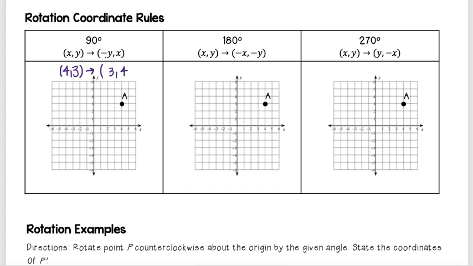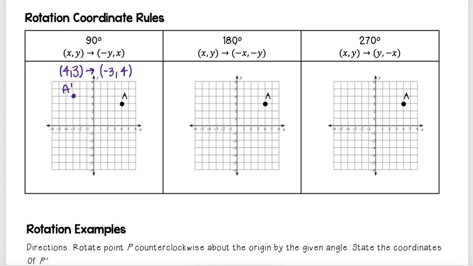And then I'm going to take my y as the opposite sign. So since my 3 here is positive, it's now going to be negative. And so I see for this one, negative 3, 4. That is the point A rotated 90 degrees.